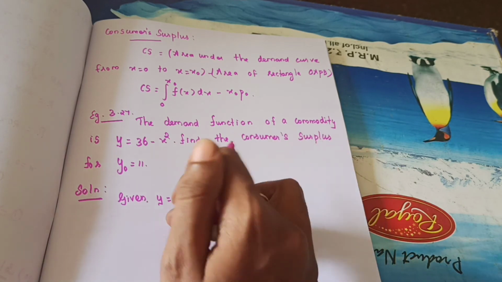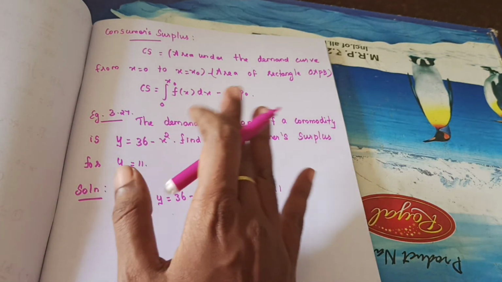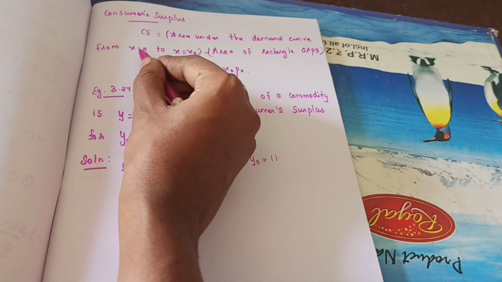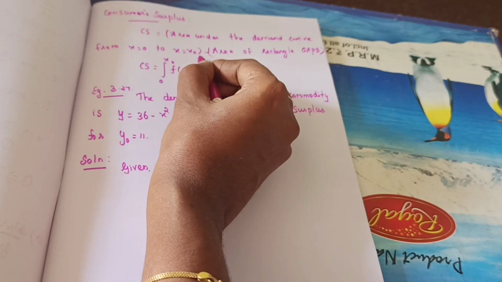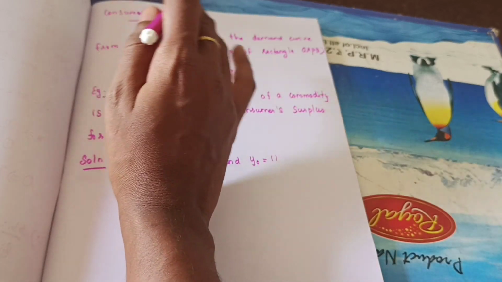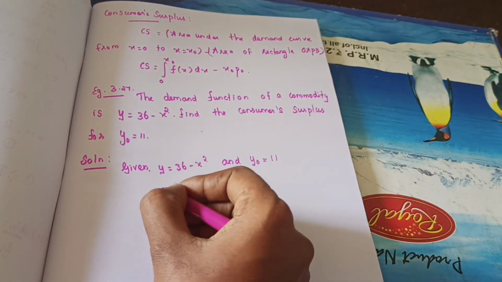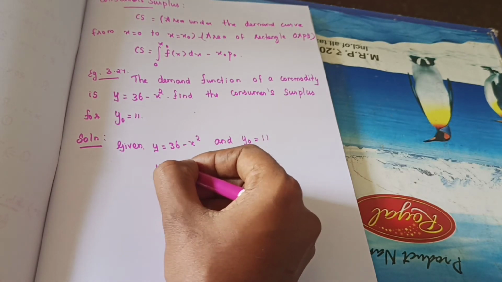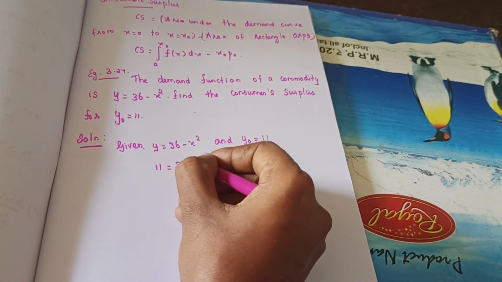So y is equal to y naught, the same as x is equal to x naught. See here, x equal to 0 to x equal to x naught, same as y equal to y naught. So we can apply it and find the x naught value. 11 is equal to 36 minus x square.